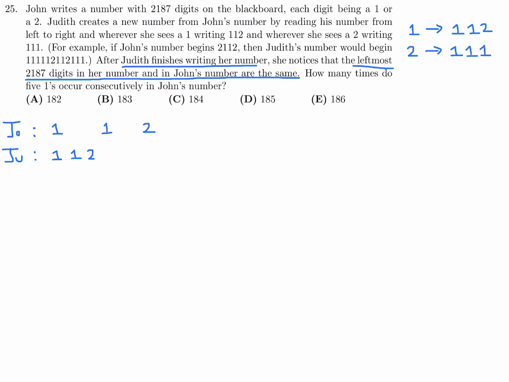So here we go. All right, so the first one is a 1. And we go on from there. Remember, this is John, and these numbers are Judith. Okay? So the top row is John, and below that are Judith's numbers.